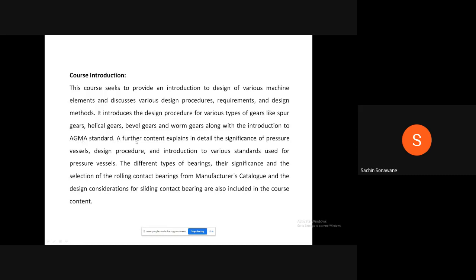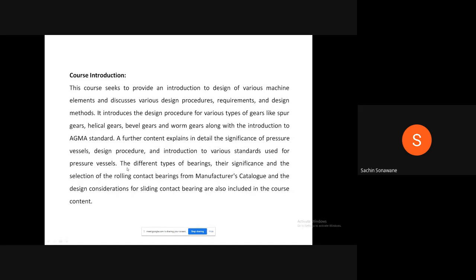A further content explains in detail the significance of pressure vessels, design procedure, and introduction to various standards used for pressure vessels.